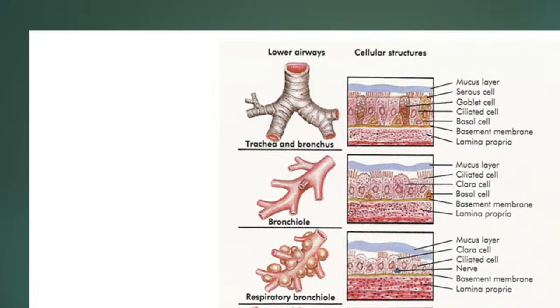They don't contain goblet cells, but they contain special Clara cells. You can see on this picture. So, cartilage, glands, goblet cells absent. Lamina propria contains elastic fibers and smooth muscle cells, and smooth muscle cells are spirally arranged.